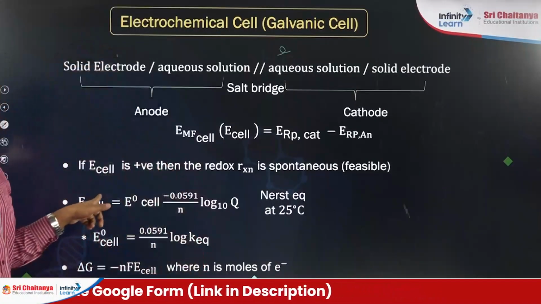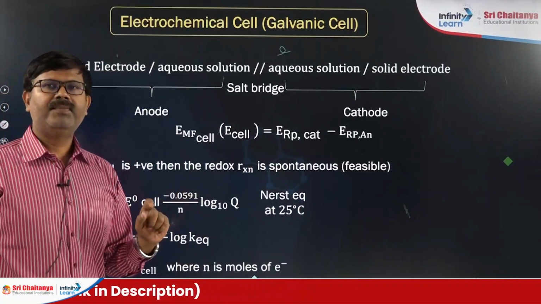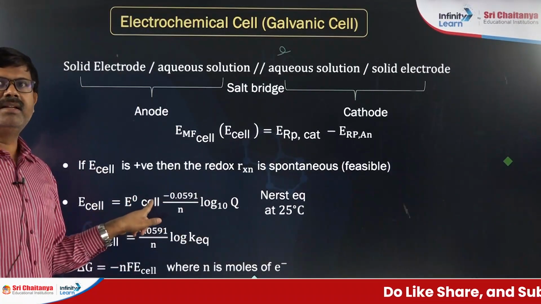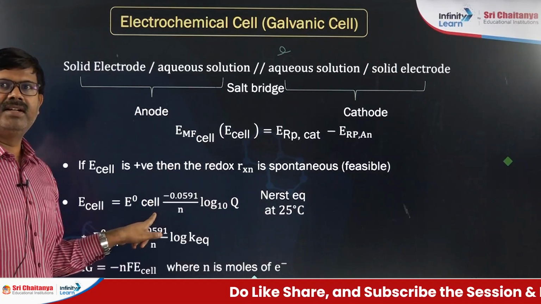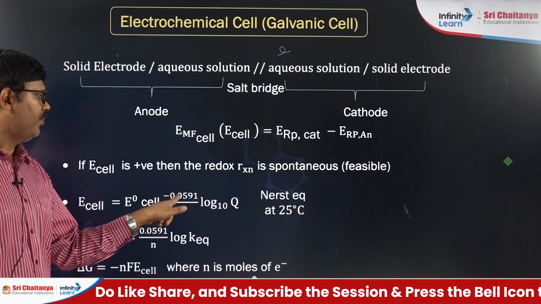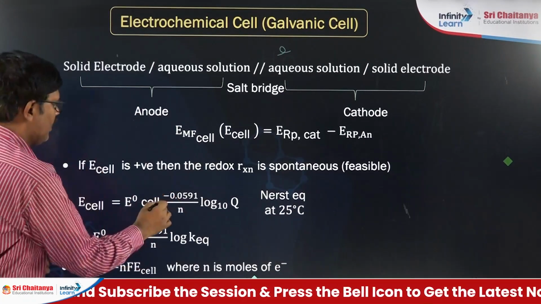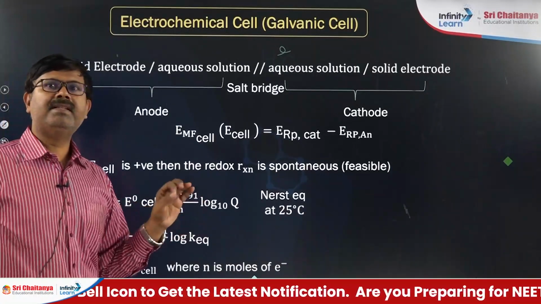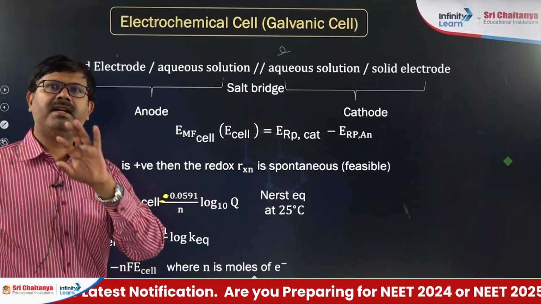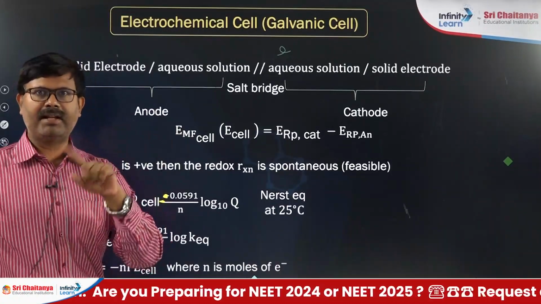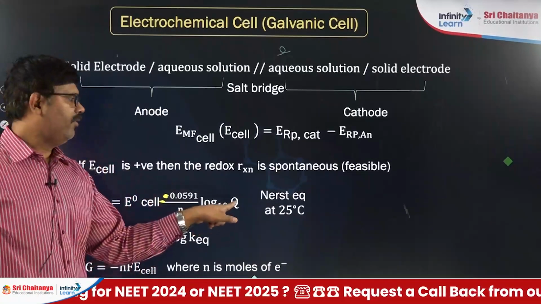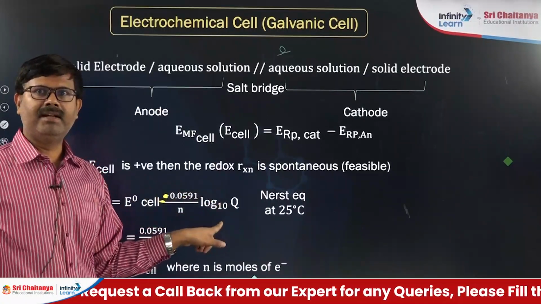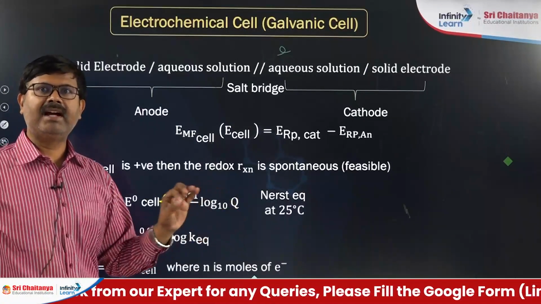Next, this is called the Nernst equation, which is very important. EMF of the cell is equal to E naught of cell, meaning the EMF of the cell at standard conditions, minus 0.0591 by n into log of Q. Here n means the number of moles of electrons involved in the galvanic cell functioning. It is log base 10, not base e, and Q is the reaction quotient.